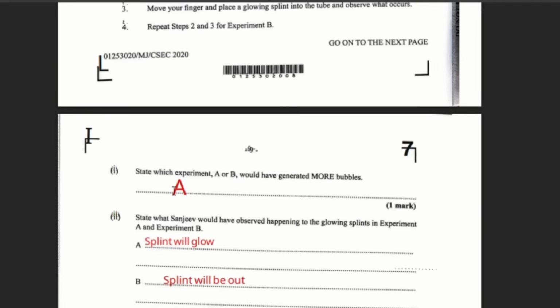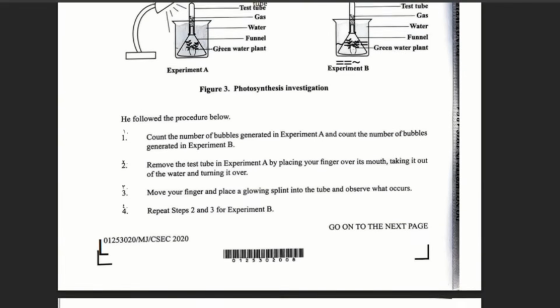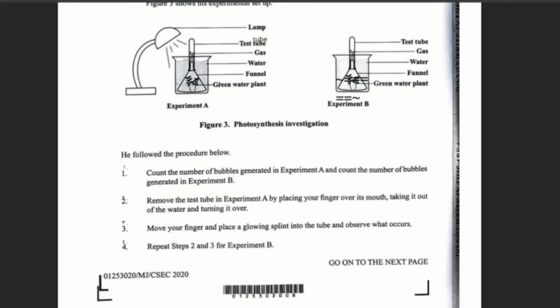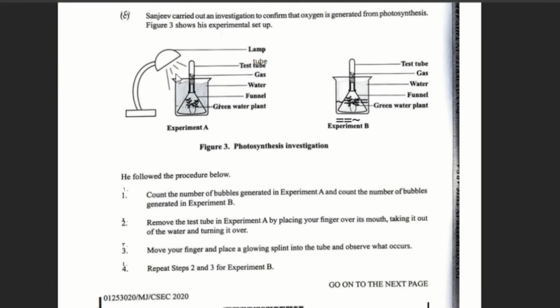Alright, so now state which experiment, A or B, would have generated more bubbles. So experiment A would have generated more bubbles, and the reason for that is experiment A had a light source. So if we go back to the photosynthesis formula, experiment A had a higher light intensity, right?